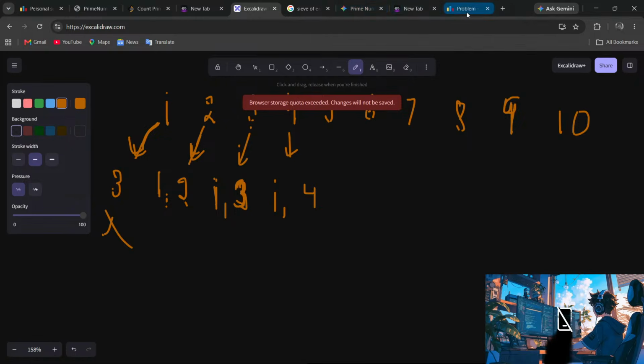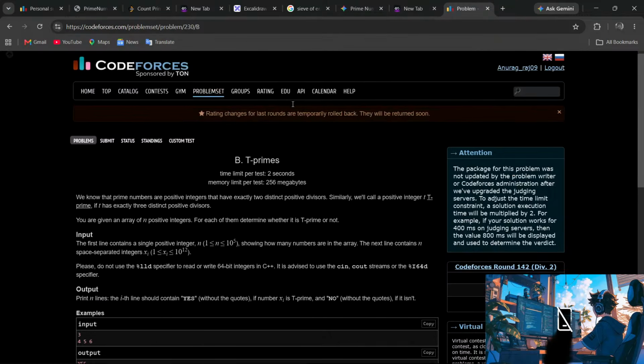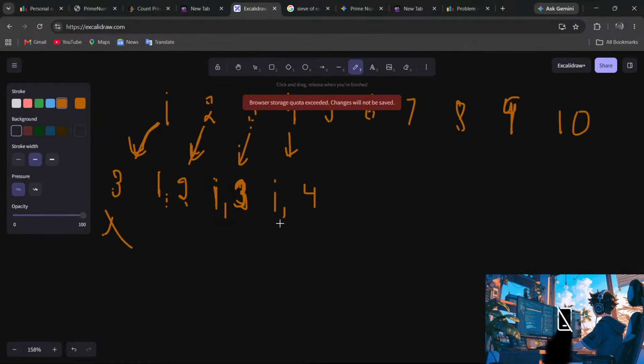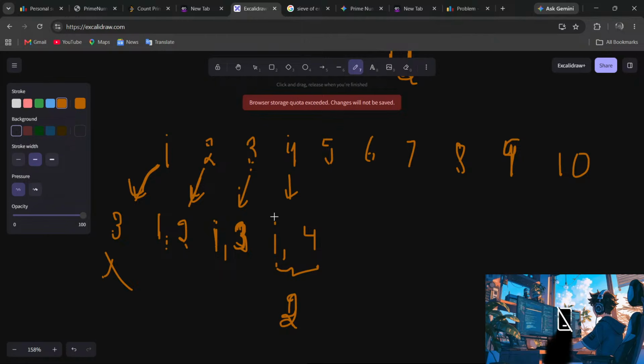Now, if you see carefully, there is one more divisor which divides 4, this is basically 2. So 4 has three distinct divisors. Now, 5 has only two divisors. 6 has 1, 6, and 2 and 3, so basically they have four distinct divisors, but I only want three.